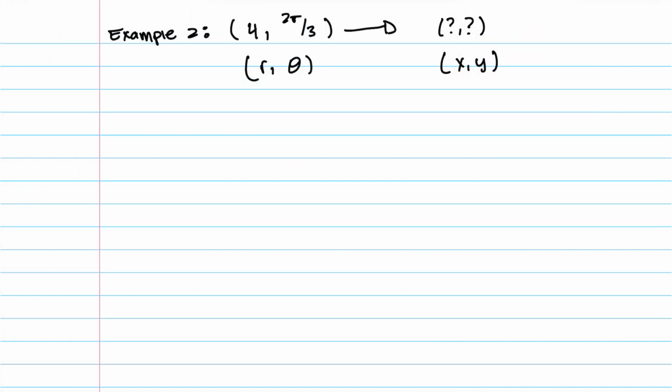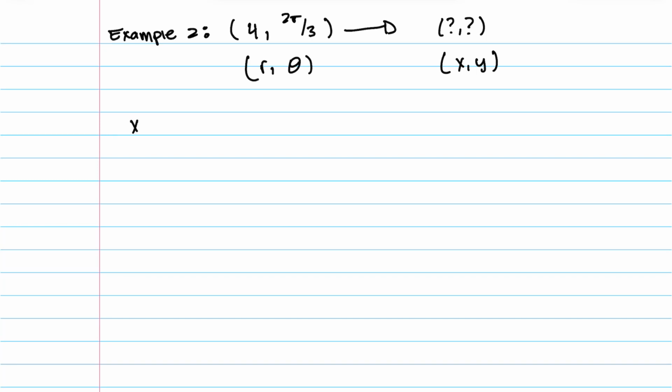All right, so let's move on to example number 2. In this example, we're given a coordinate point in polar coordinate notation, r comma theta, and we want to achieve conversion to x comma y notation. Notice from this that r represents 4 and theta represents 2 pi over 3. So to achieve conversion, let's use the equations that we know will work.